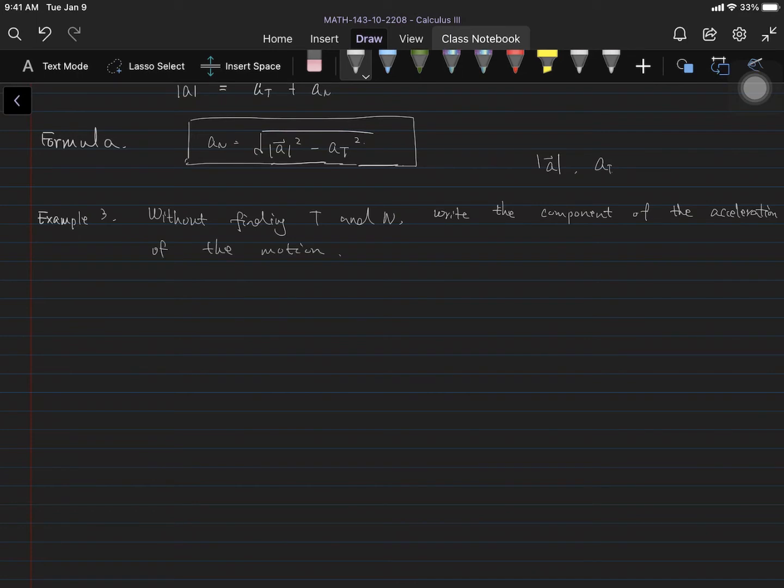And the motion is given by this one: r(t) equals cosine t plus t sine t i, plus sine t minus t cosine t j.